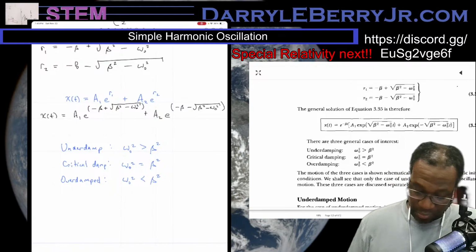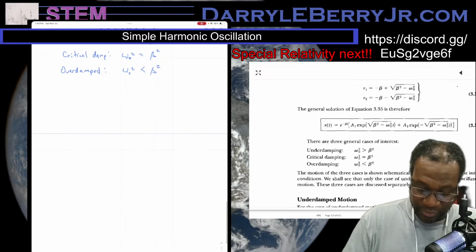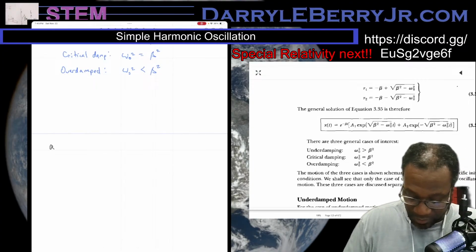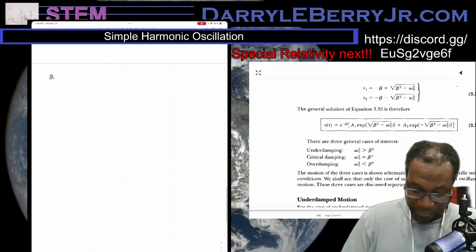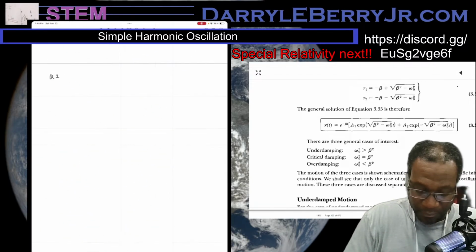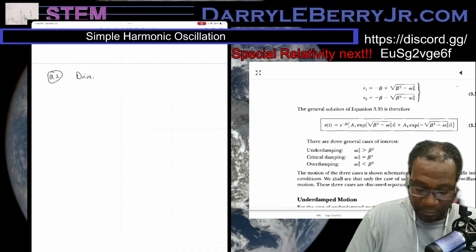All right, so the last thing we're going to do is add a driving function. So I'll say, what was I calling it? The numbers, A3. So now we have driven damped.